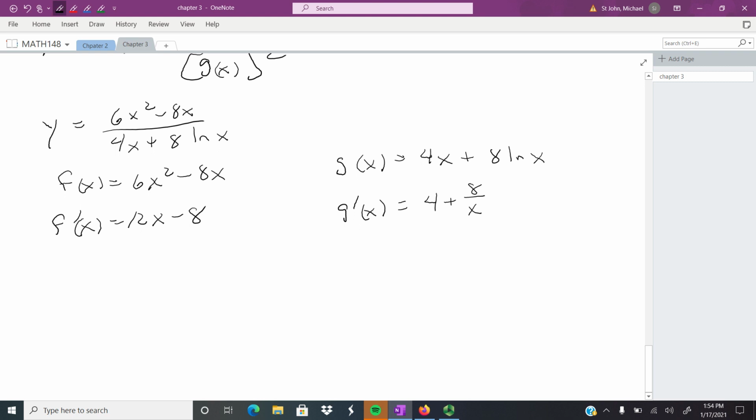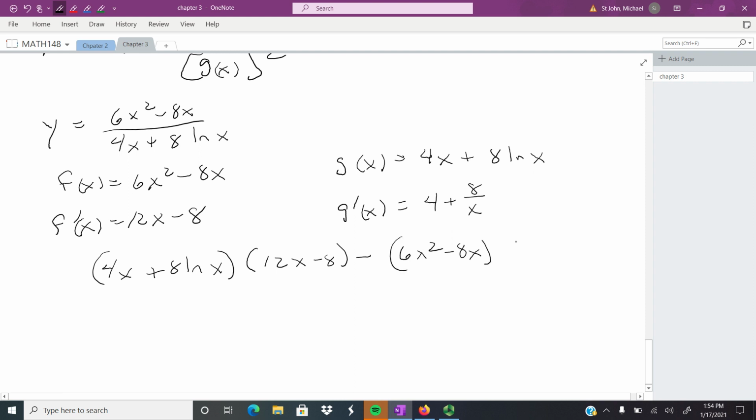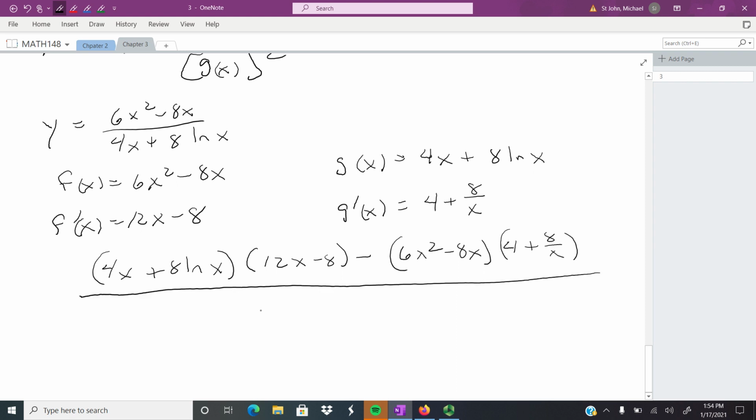And so we get 4x plus 8 ln x times 12x minus 8, minus 6x squared minus 8x times 4 plus 8 over x, all of that divided by the bottom term squared. Right? And we end up at that.